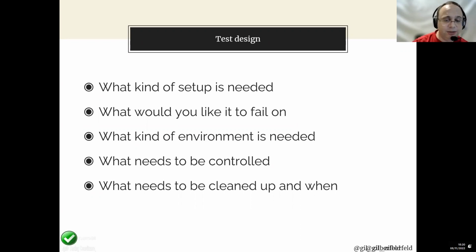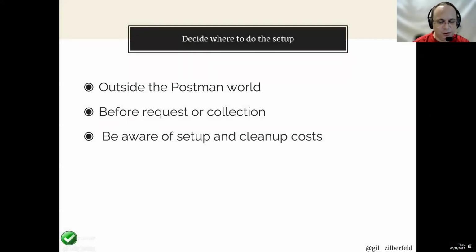Obviously, setup is not the only thing. Cleanup is the same thing, right? We want to make sure that things are fresh for the next API we're going to run, because otherwise we can't really commit to the order unless we're going to really manage everything inside every collection in any workspace.